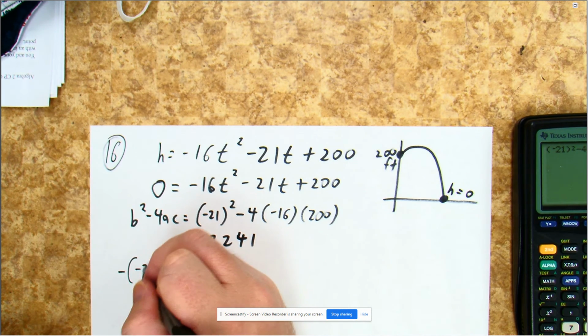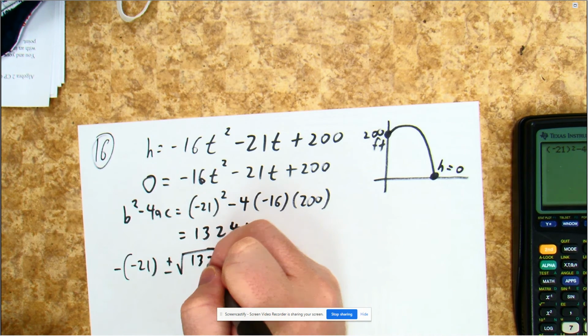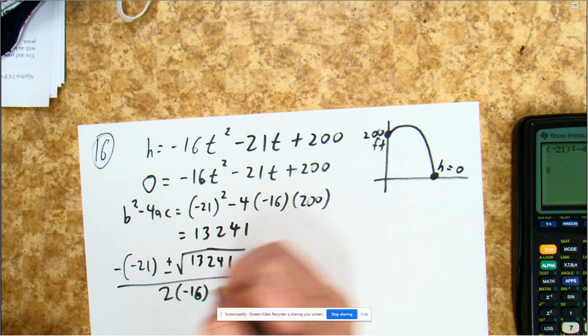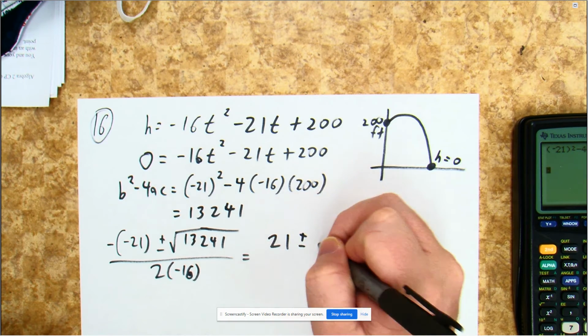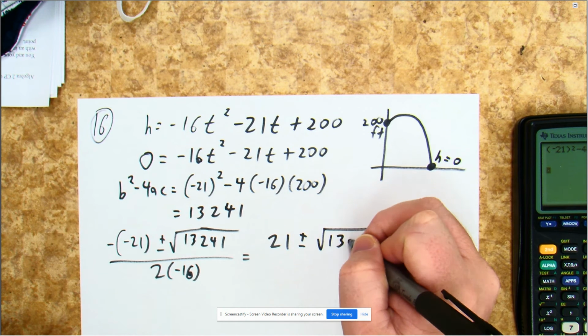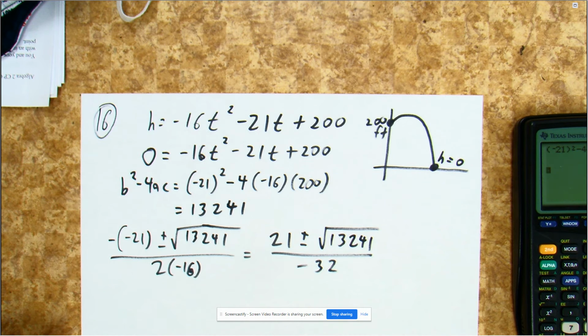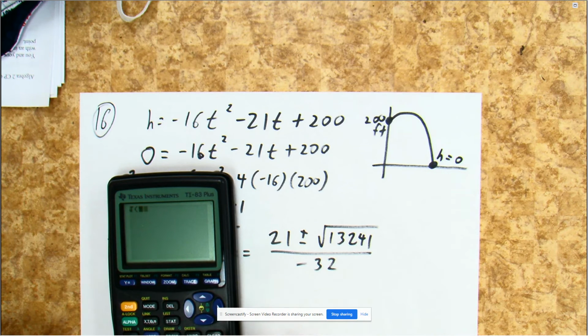Negative b, notice how I wrote that in, plus or minus the square root of 13,241 divided by 2 times a. Let's break this down piece by piece. This really should be 21 plus or minus that terrible looking number over negative 32. Now again, if you wanted to type that whole thing in at once, that's fine. If you wanted to evaluate the square root of 13,241 right off the bat, that's fine, and you use that rounded number. Personally, I'm going to do this.